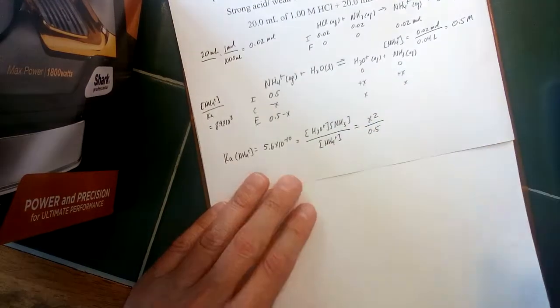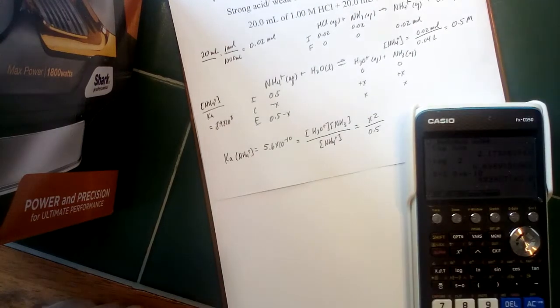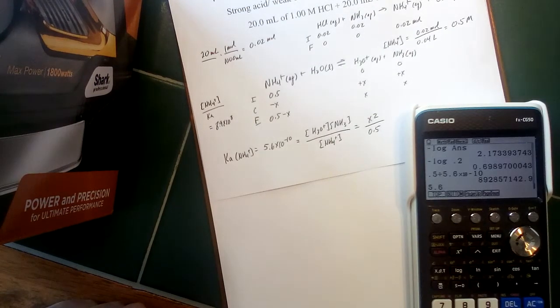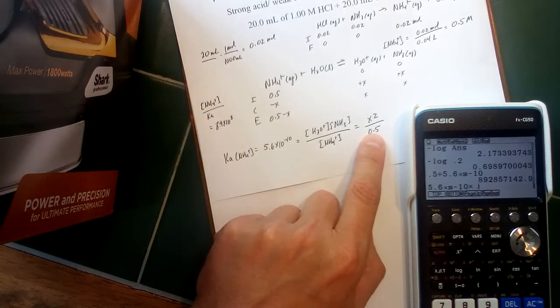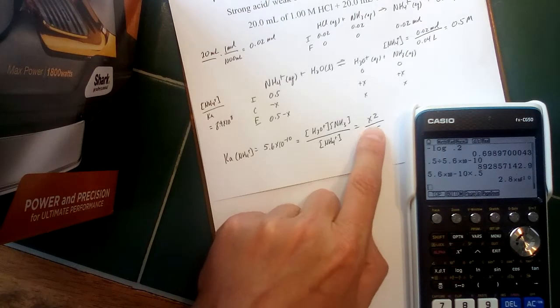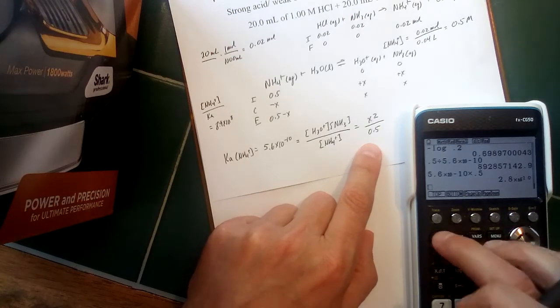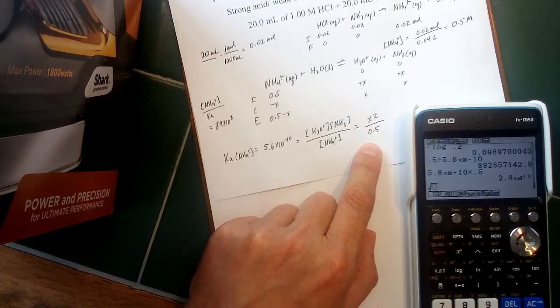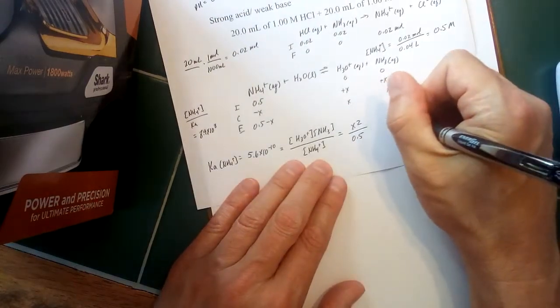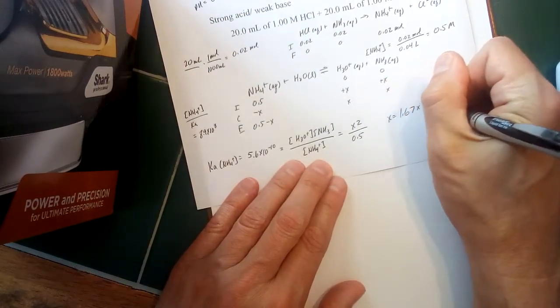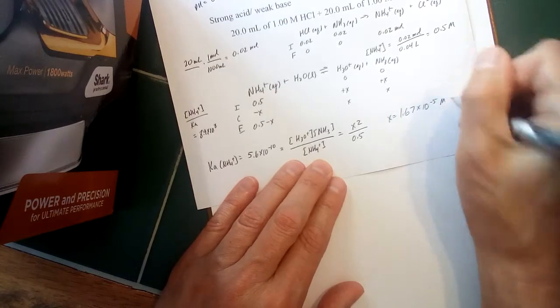Right now I have an equation I just need to solve for x. So if I take 5.6 times 10 to the minus 10th, and multiply through by 0.5, right? And then if I take the square root to get rid of the x squared term, I get x is equal to 1.67 times 10 to the minus 5th.